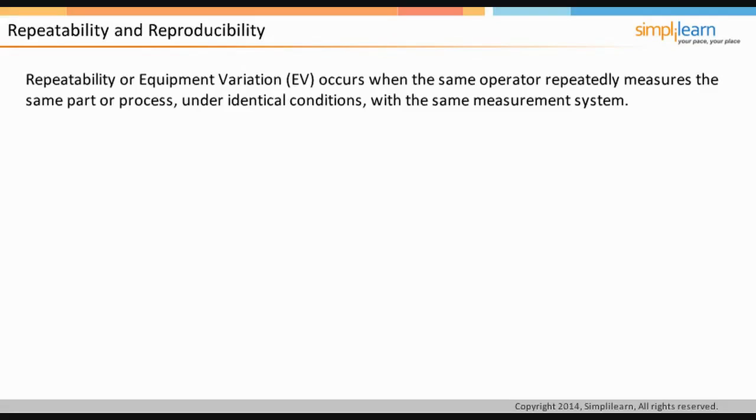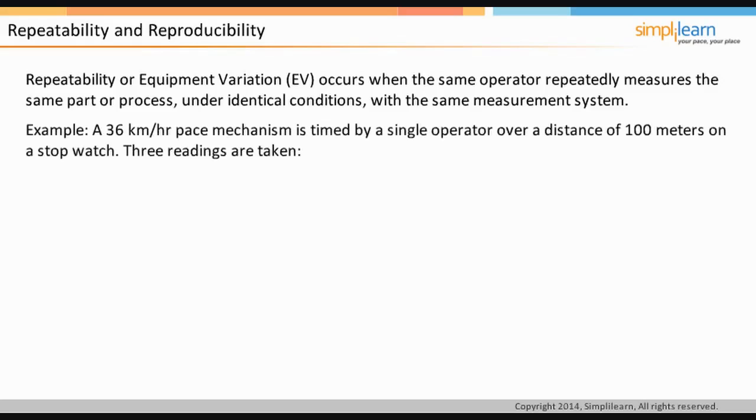Repeatability is also called equipment variation, or EV. It occurs when the same technician or operator repeatedly measures the same part or process under identical conditions with the same measurement system. The following example illustrates this concept. A 36 km/h pace mechanism is timed by a single operator over a distance of 100 meters on a stopwatch, and 3 readings are taken.